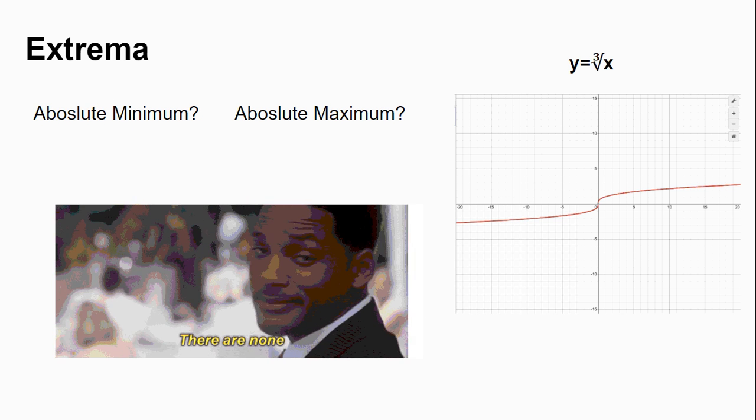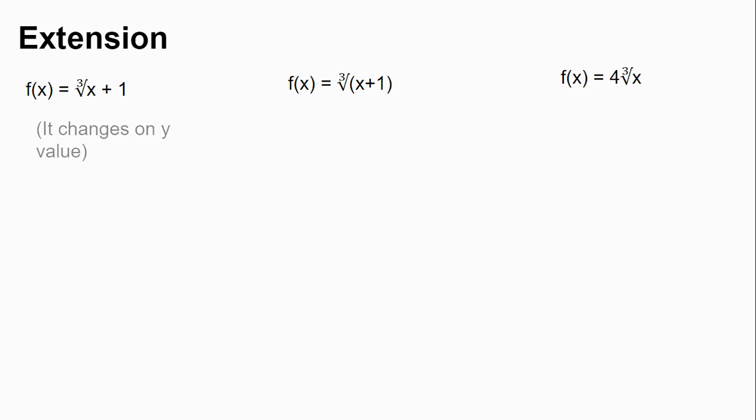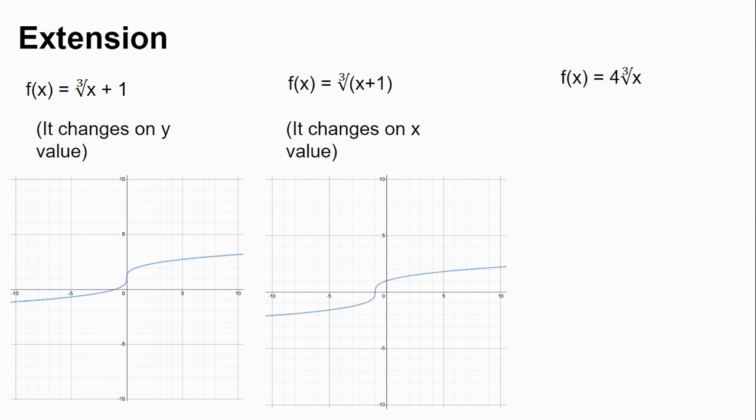For expansion, what would the graph be if it's f(x) equals square root of x plus 1?